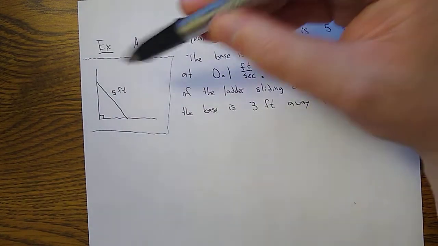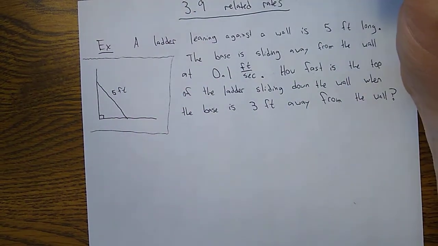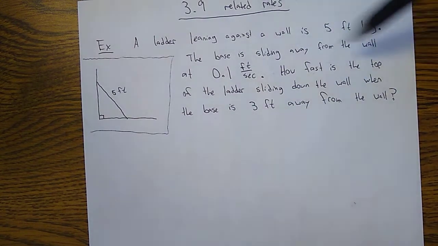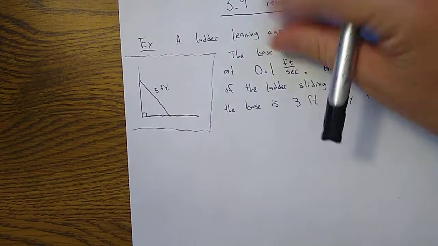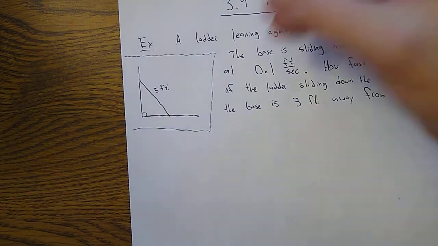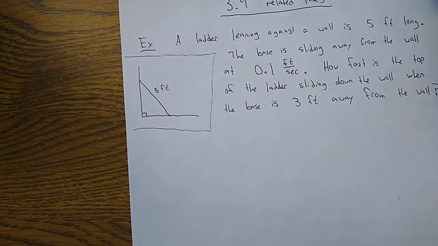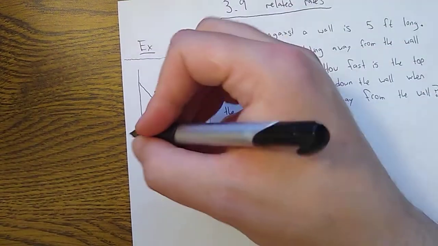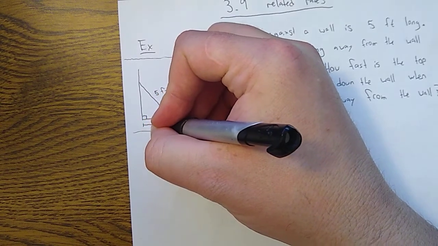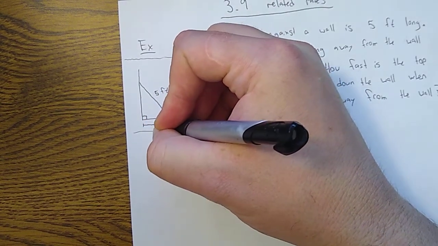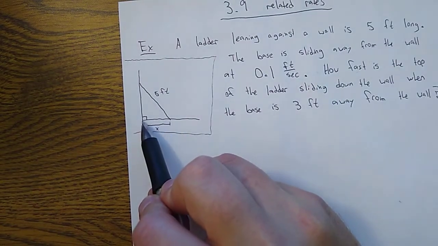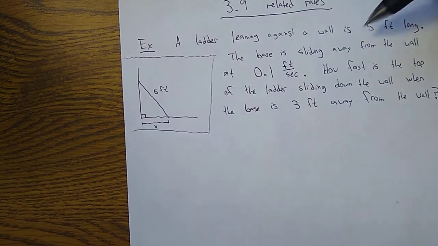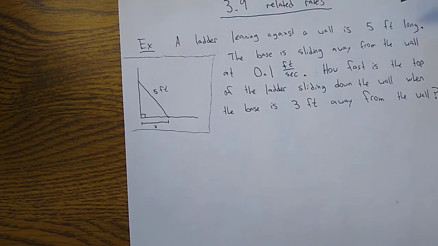This problem has a right angle in it, but it's not about the area of the right triangle. It's about how fast the top of the ladder is moving down. So I'm going to label some relevant variables here. Why don't I call this x? This is the distance from the base to the wall, which is clearly relevant to this problem.